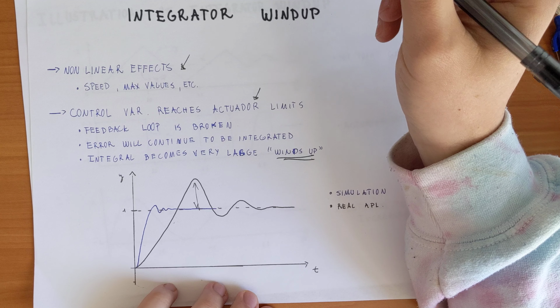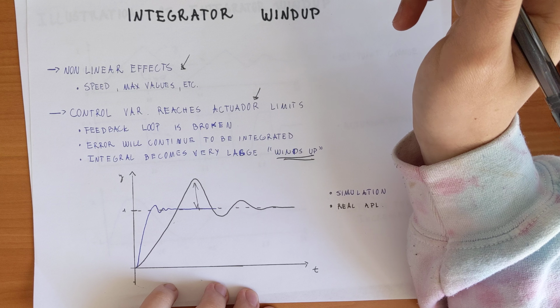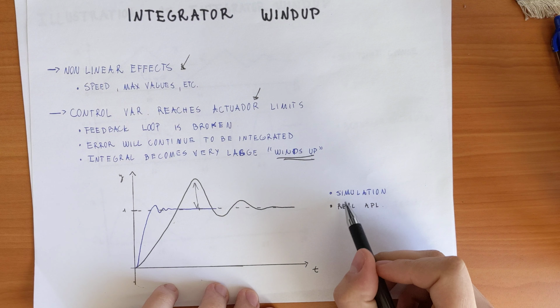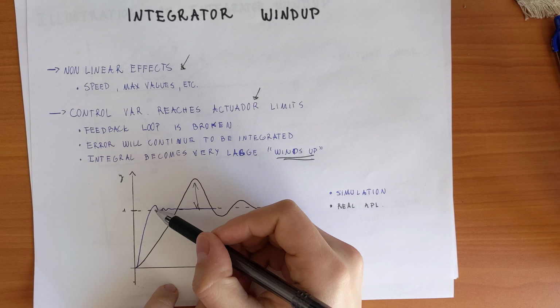So for example, you design a system and everything seems okay in the simulation, right? You have a small overshoot and a nice rise time, nice settling time. But then in practice, you try it out, for example, in a motor, and the control variable reaches the actuator limits, right?